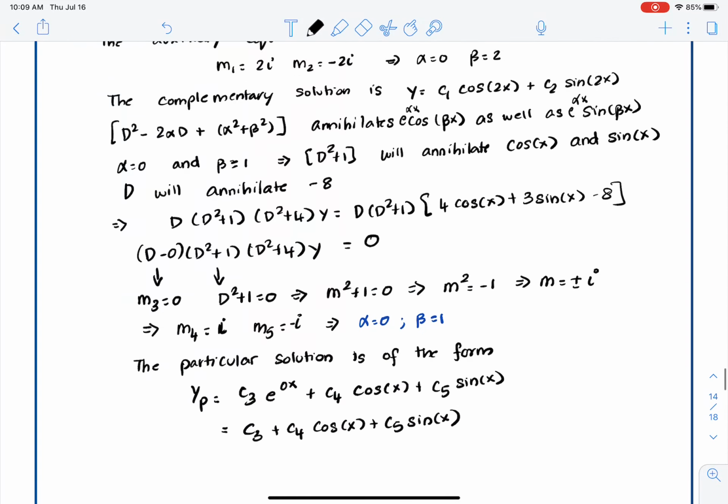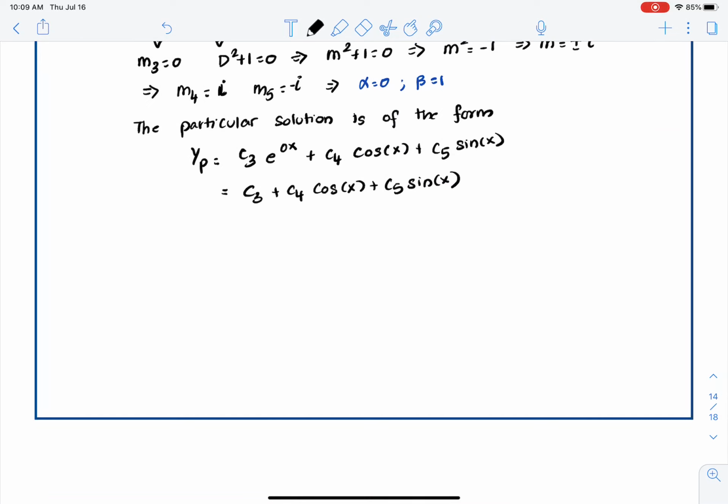Now we have to find the first derivative. So yp prime is negative c4 sine x plus c5 cosine x. Yp double prime is negative c4 cosine x, negative c5 sine x.